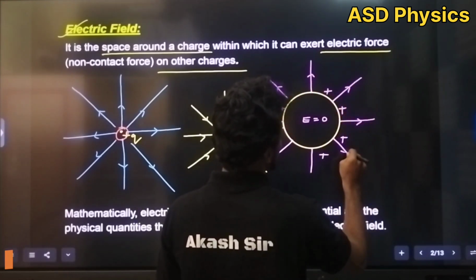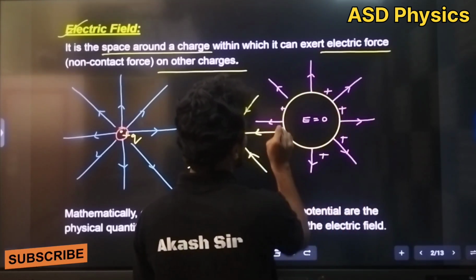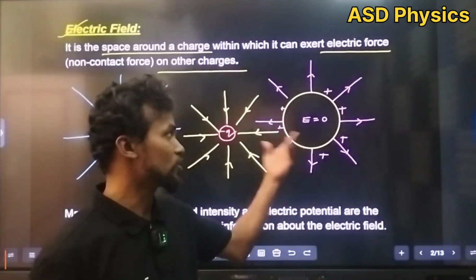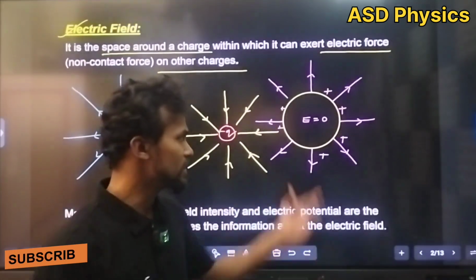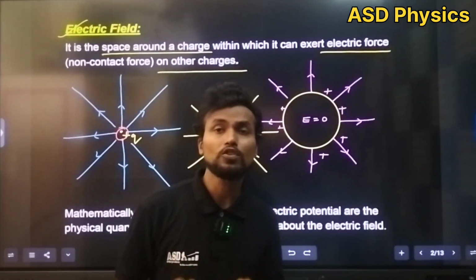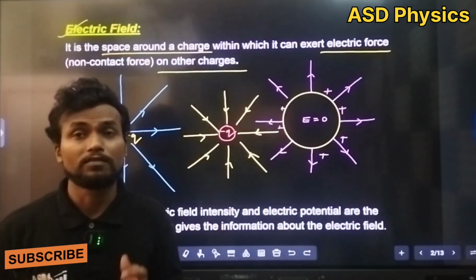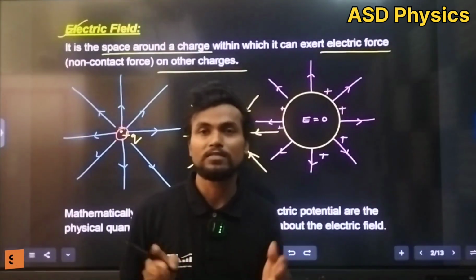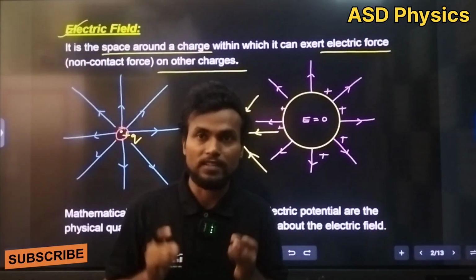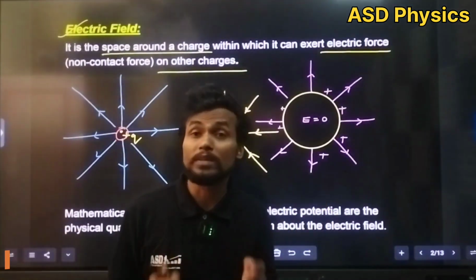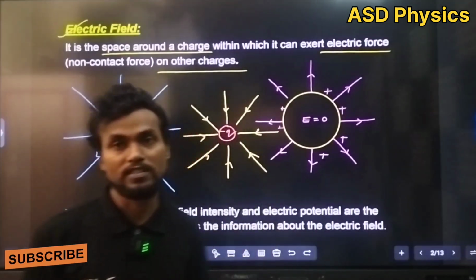Later we will learn under the properties of electric field lines that the electric field inside the conductor is 0 and the electric field lines are always perpendicular to the conducting surface. Why? Because this conducting surface acts as an equipotential surface, and electric field lines should always be perpendicular to an equipotential surface.